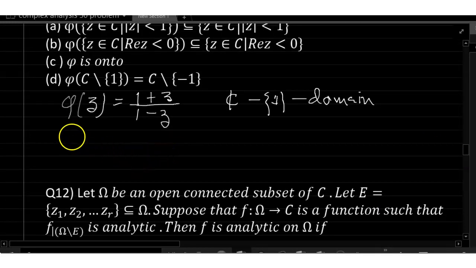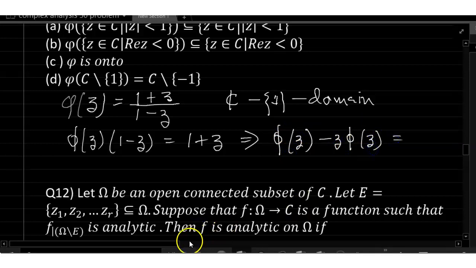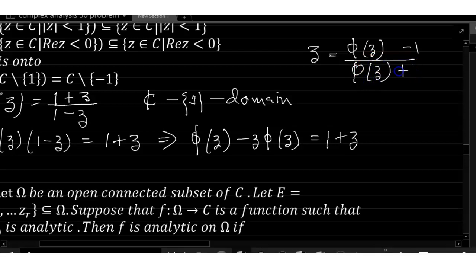Now phi(j) into 1 minus j equals 1 plus j, and phi(j) minus j into phi(j) equals 1 plus j. So j equals phi(j) minus 1 divided by phi(j) plus 1.